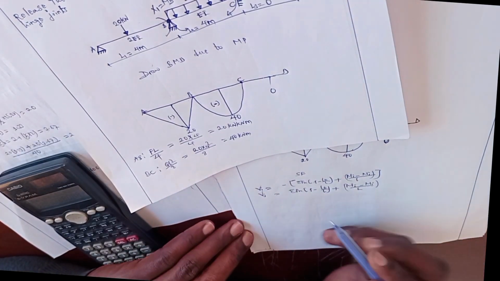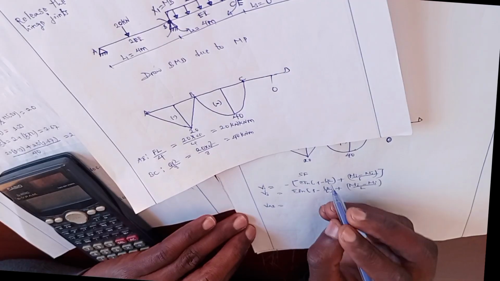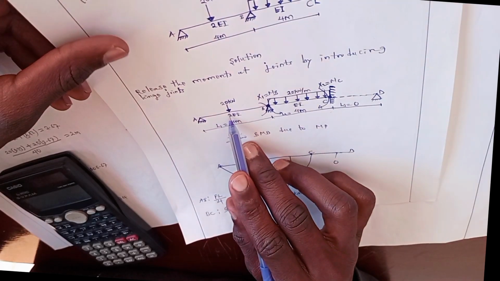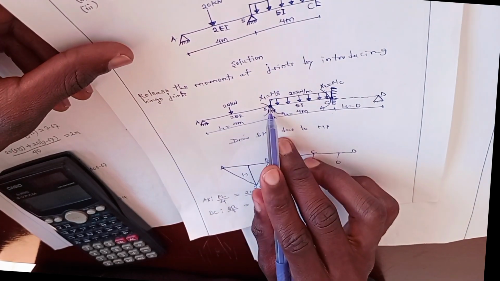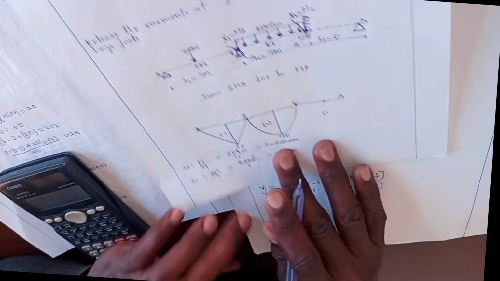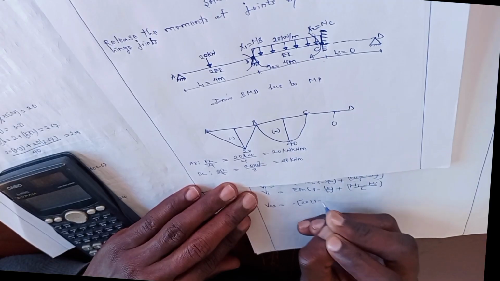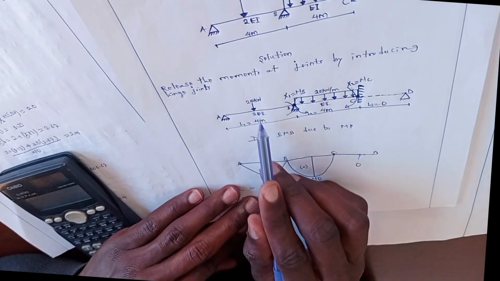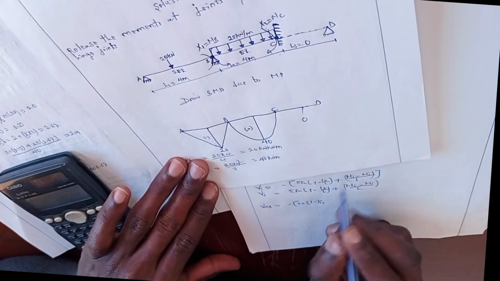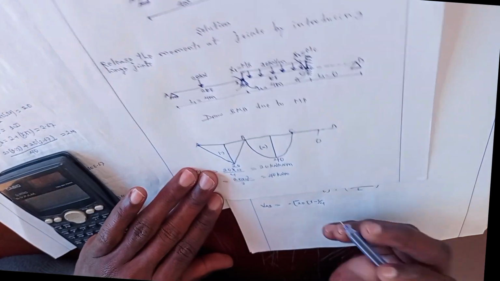It will be 20 times 4, which is equal to 80. Now, VAB. Lk is distance from where point load acts to the ridge joint. Now, it will be equal to negative Fn, for member AB, 20 times 1 minus Lk, distance from this point to this point, which is equal to 2, over total distance. L is total distance of the member, like for member AB is 4.